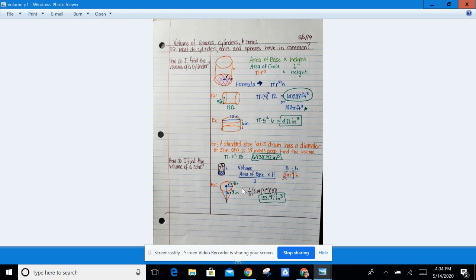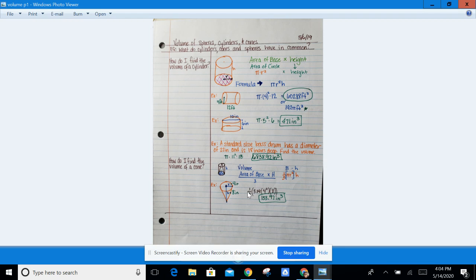Here's the example. My radius is 4. My height is 8. So I'm going to take pi, which is 3.14, and multiply it by 4 squared. So 3.14 times 16 times 8, I got 401.92.